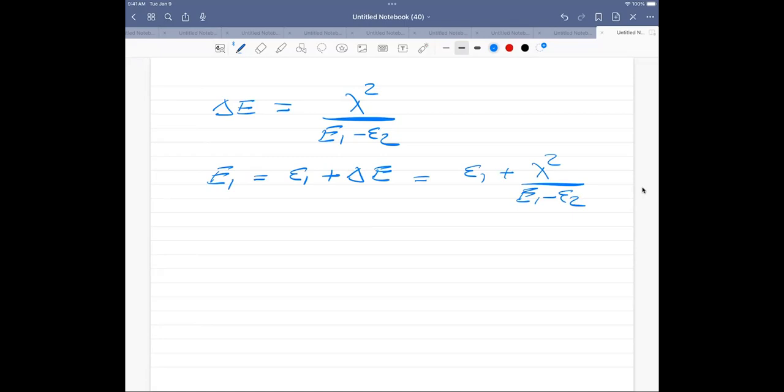Now I take E1 minus epsilon 1 and I multiply by E1 minus epsilon 2, and this is equal to lambda squared.